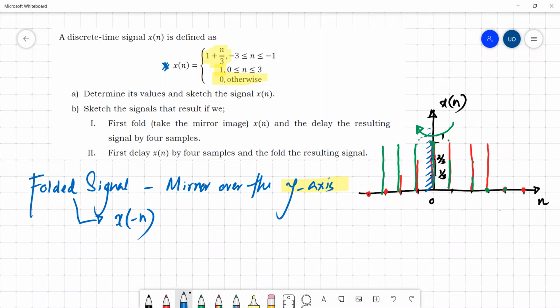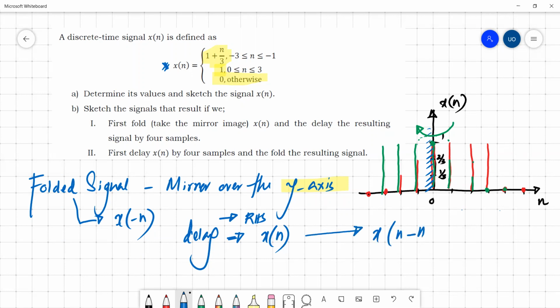So keep in mind, if it is a delay in signal, so you have to push it to the right hand side. So you have to move the signal to the right hand side. So it means if your signal is xn, the delayed version is x(n minus n naught).